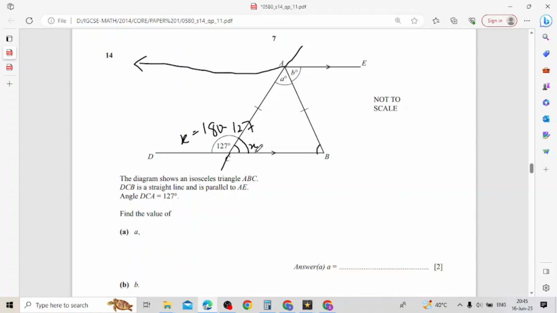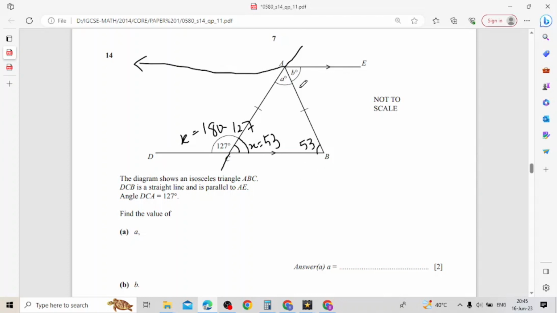Okay, done. So here X is equal to 53. Since the triangle is isosceles, the angles opposite to these equal sides are equal, so even here as well we get 53.